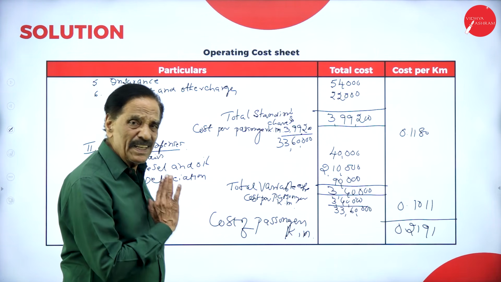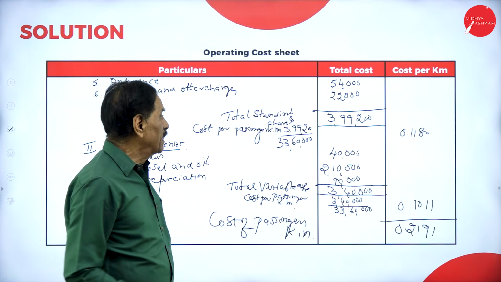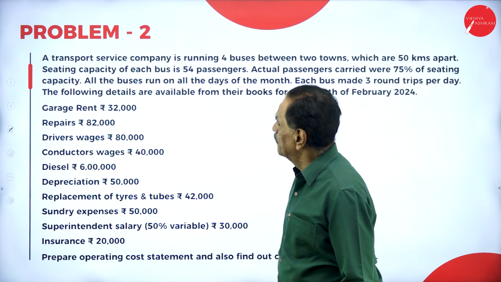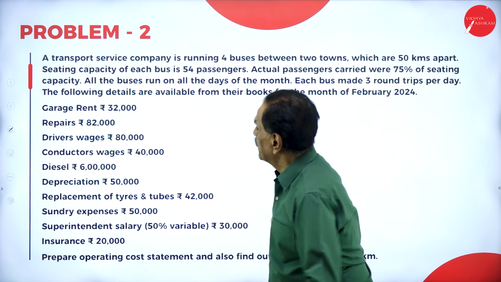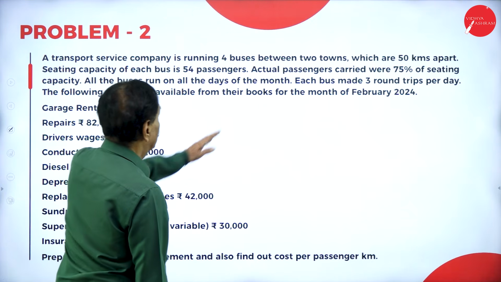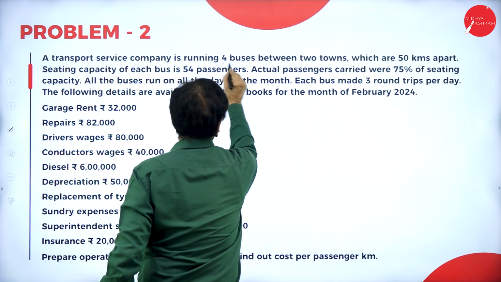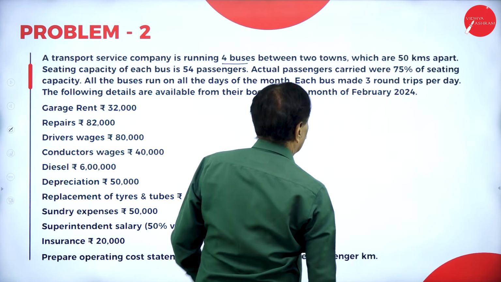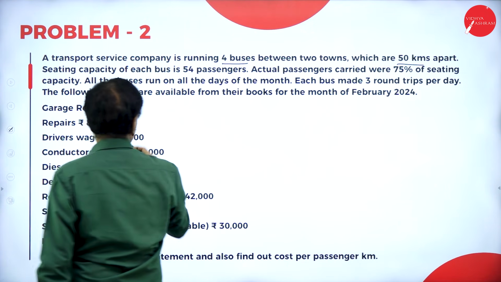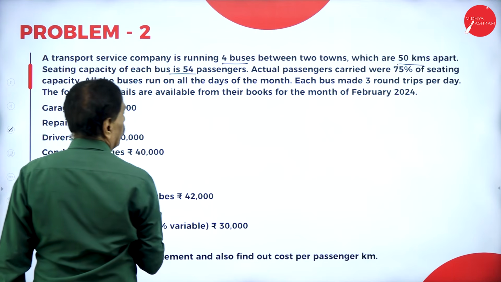Hope you understand. Very easy, no? Now we move on to the second problem. A transport service company is running 4 buses between 2 towns which are 50 kilometers apart. Seating capacity of each bus is 54.